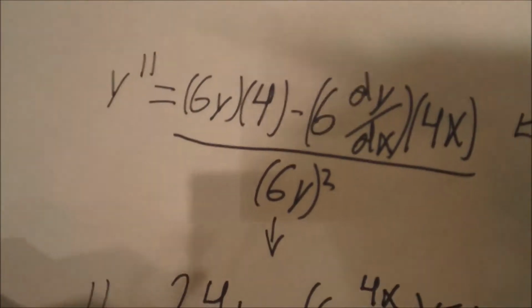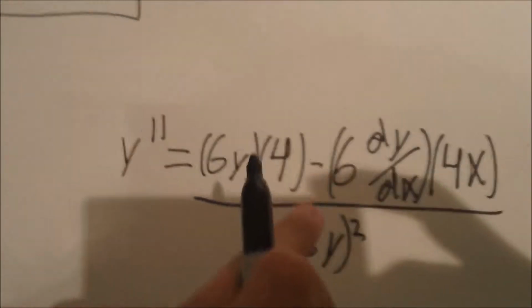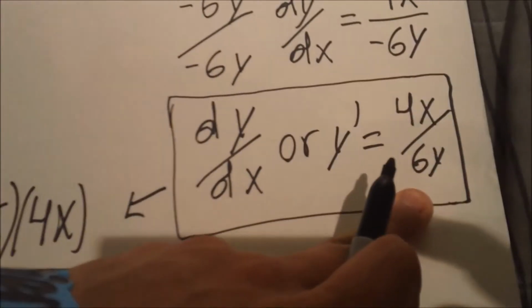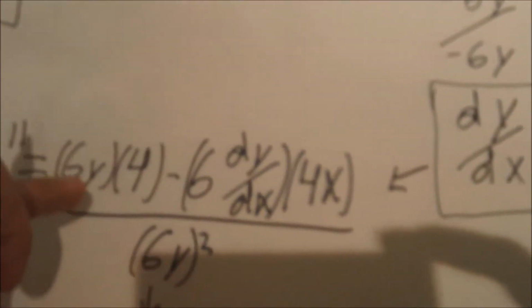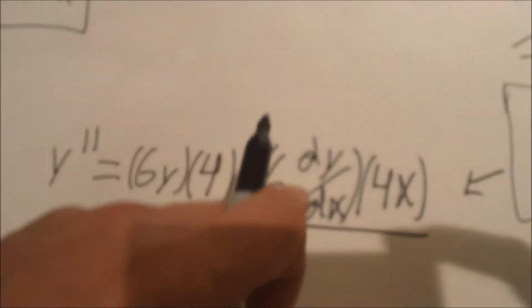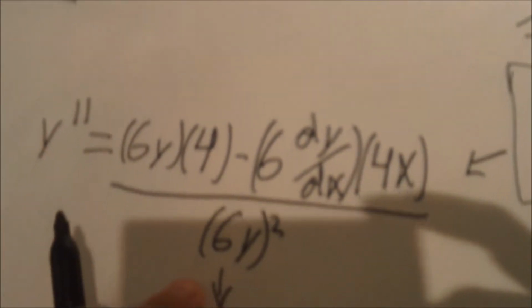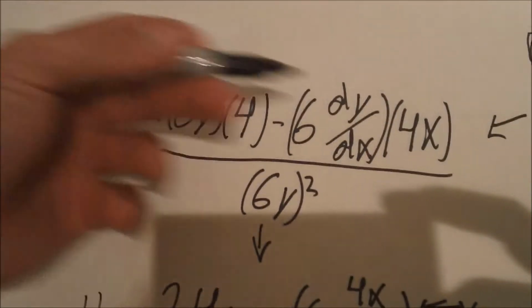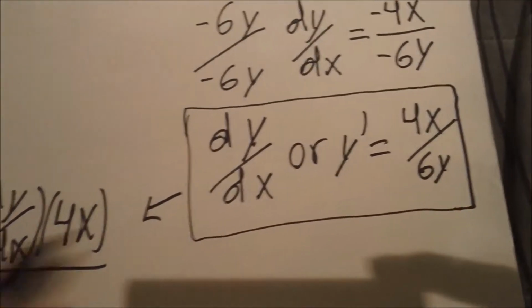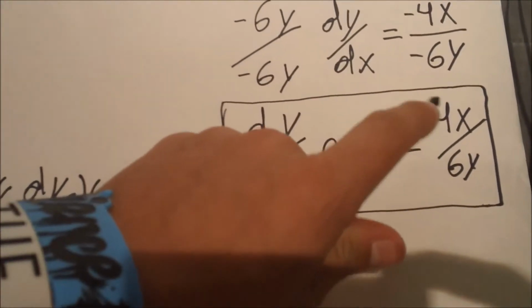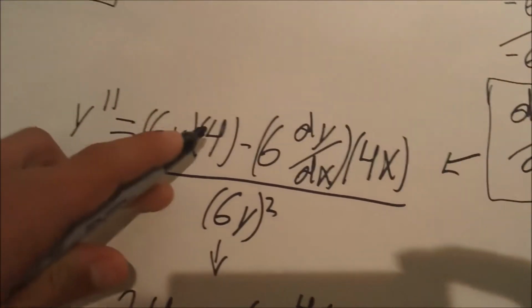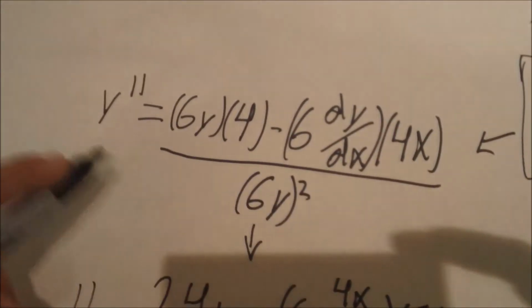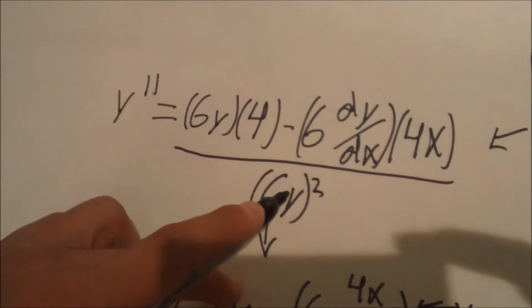Now to find the second derivative, we are taking your first derivative here, 4x over 6y, and using the quotient rule, low d high minus high d low over low squared. Your low, or your bottom function right here, would also be your g of x, and f of x up here. You take your g of x times your f prime of x minus your g prime of x times f of x over g of x squared.